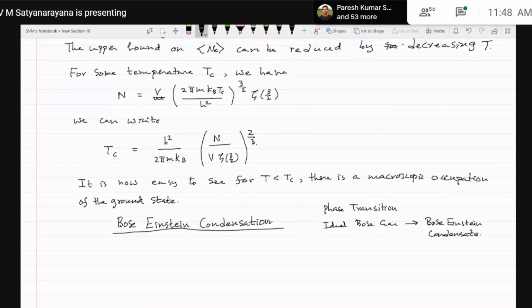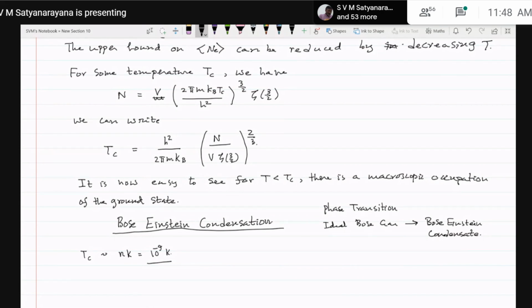For example, for ideal Bose gas, Tc is of the order of nanokelvin, something like 10 to the minus 9 Kelvin. At such temperatures the ideal Bose gas will become a Bose-Einstein condensate.